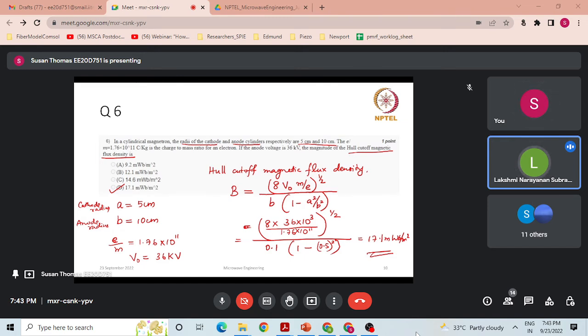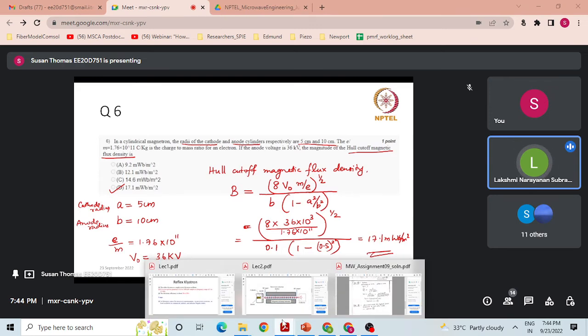Based on the Hull cutoff magnetic flux density, the electrons are just grazing that anode and returning back to the cathode, right? Yes, that's the magnetic field basically. That is what makes it generate the signal there. That is my question. I think I'm not clear in explaining, but how does the microwave signal start?